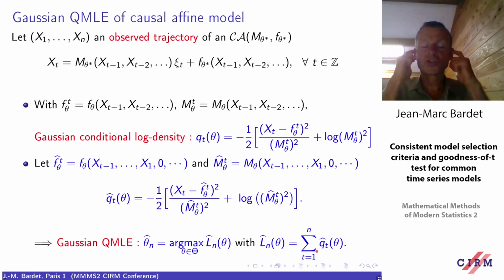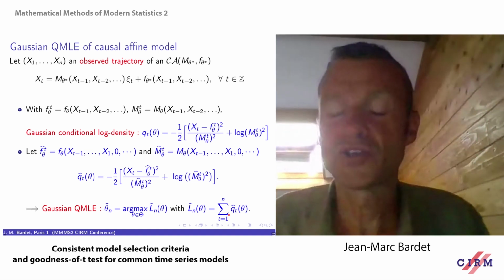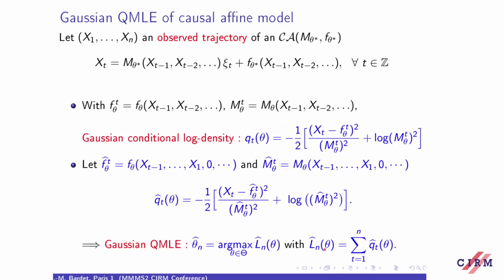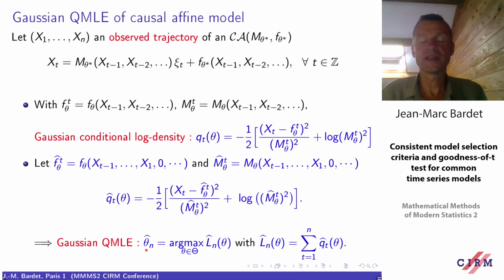Finally, we can define a pseudo conditional log likelihood, which is the sum of the q_t. This expression, for any theta, can be computed from the observed trajectory, and an estimator of theta is obtained by maximizing this pseudo log likelihood. It is called the quasi-maximum likelihood estimator.